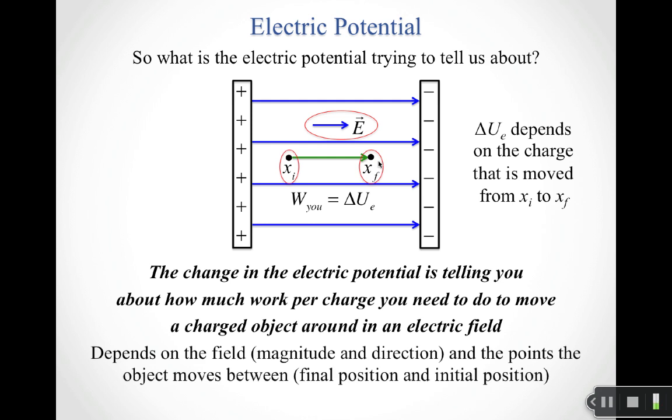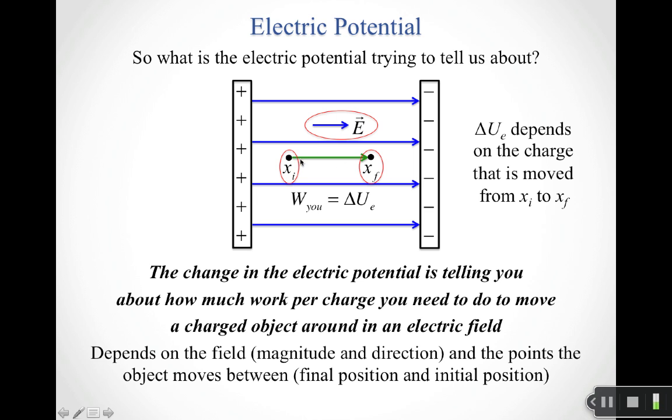Again, notice that depends on the field itself, what's its magnitude, what's its direction, and then the points we're choosing to move between. So how did you move relative to that particular field vector? So hopefully conceptually that's giving you a better sense of how we're going to build this idea of the electric potential.